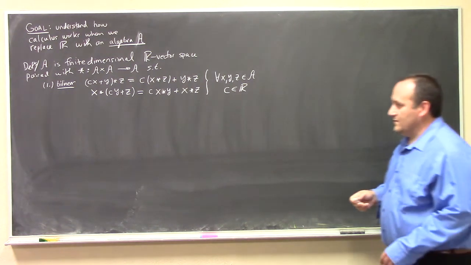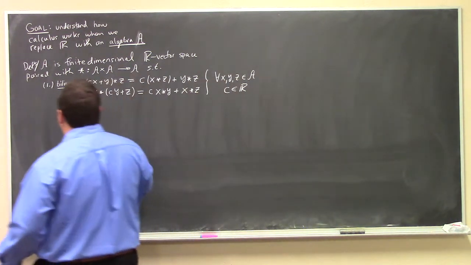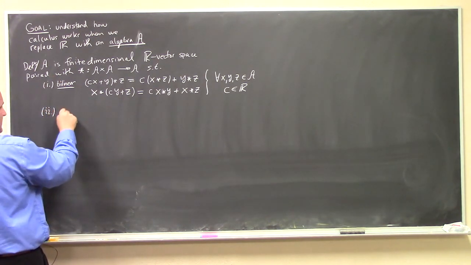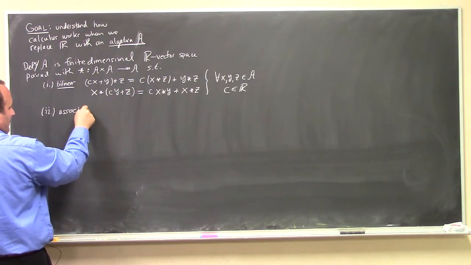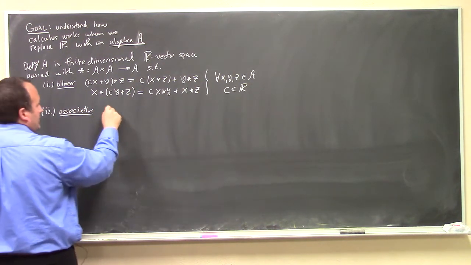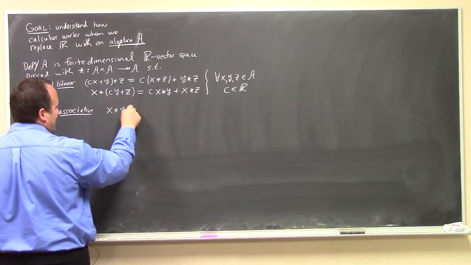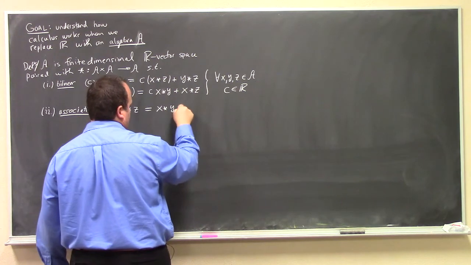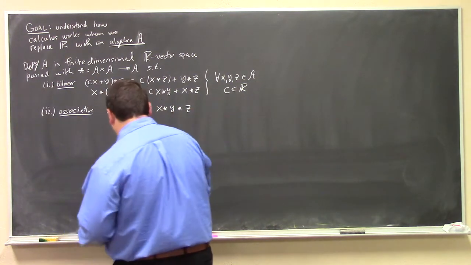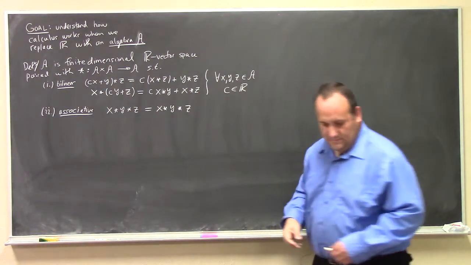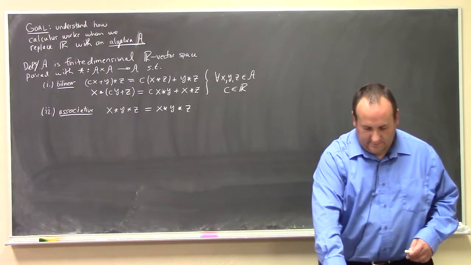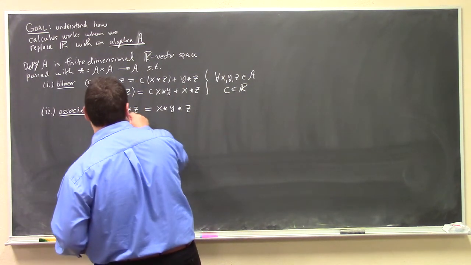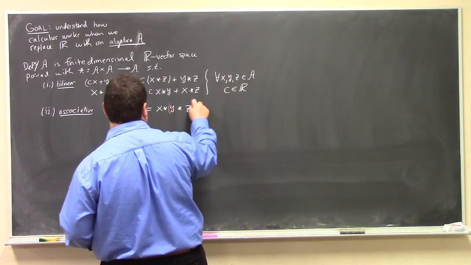I also insist that we focus our attention on associative algebras. So associative means x star y star z makes sense. Of course, I need to add some parentheses to make that more exciting.